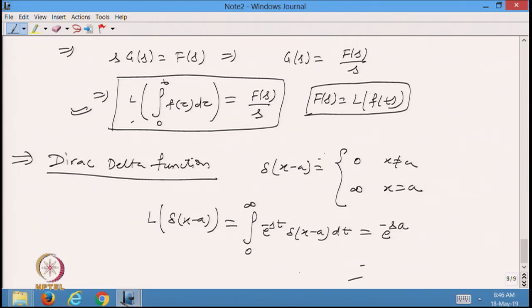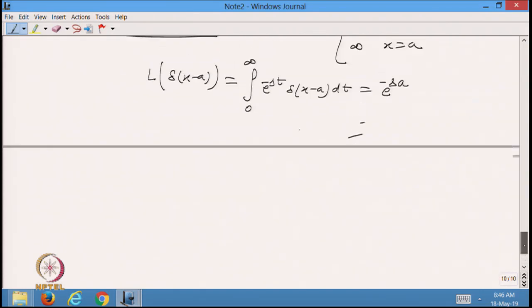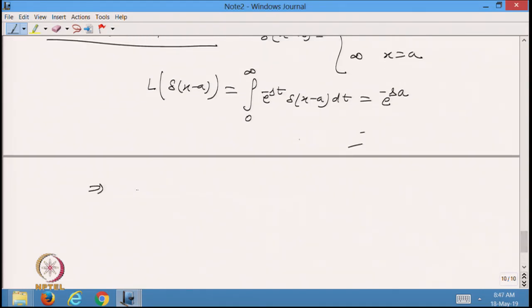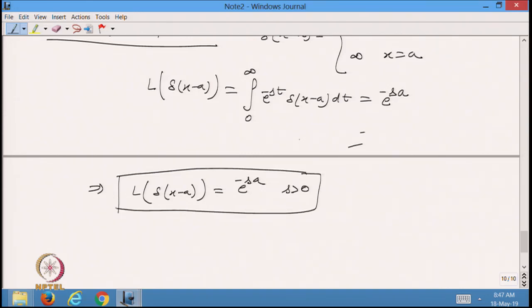So, the Laplace transformation of the Dirac delta is always equal to e raised to power minus s a, where s is greater than 0. So, this is the Laplace transformation of the Dirac delta function.